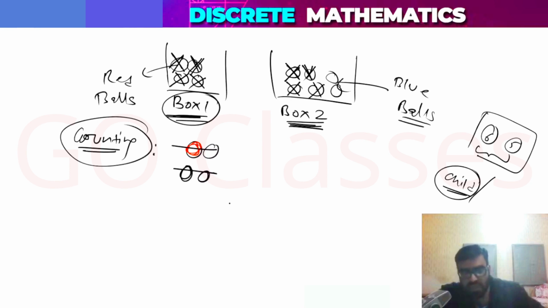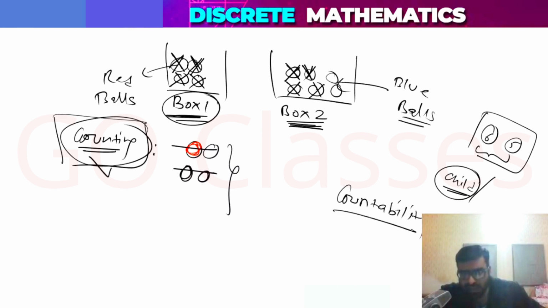So this is how counting actually started. This is the basic idea of counting. This complete chapter on countability is based on these basic principles.